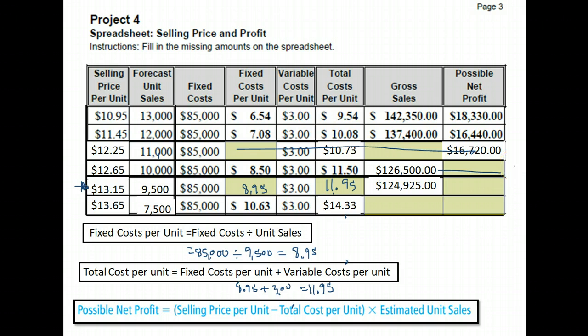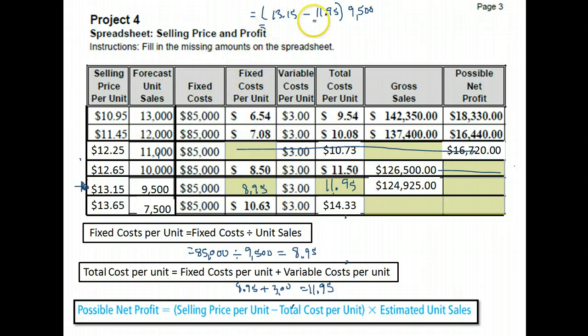Okay, the final thing we're asked to find is the possible net profit. So again, we use our formula here for net profit. I'm going to use my calculator at the top because my bottom's kind of cut off here. So we're supposed to take the sell price of the item, which it says was $13.15, minus the cost per unit. Make sure you use the total cost per unit, which was $11.95, times the unit sales, which they were planning to sell 9,500 units.